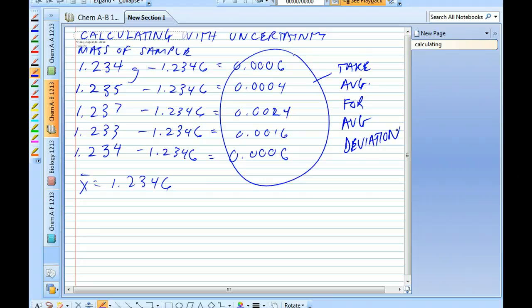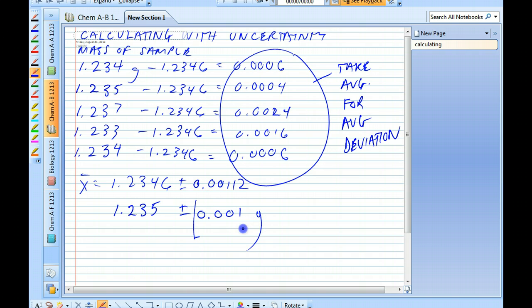If I want to use the average deviation, then I'm going to add all these up and divide them by 5. And I get 0.00112, and I'm going to shave that off so that it's only got one non-zero digit, and then I'm going to make sure that my decimal places match in my measurement, and that's my final answer in grams.